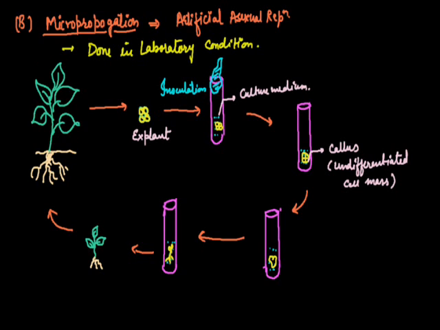After the formation of callus, differentiation gets started, and this differentiation gives rise to an embryo-like structure which is known as an embryoid. This embryoid is a heart-shaped structure. The upper part is responsible to form the plumule while the lower part is responsible to form the radicle.